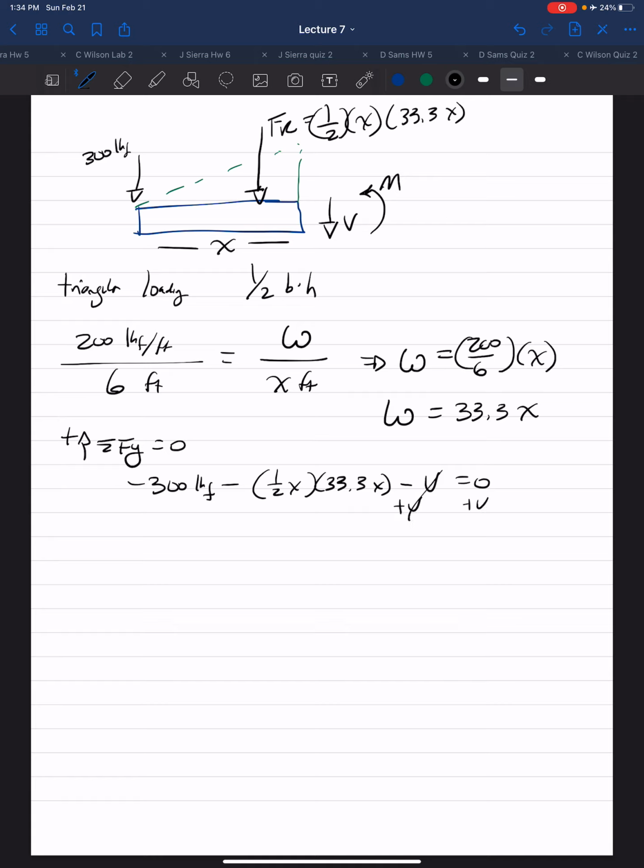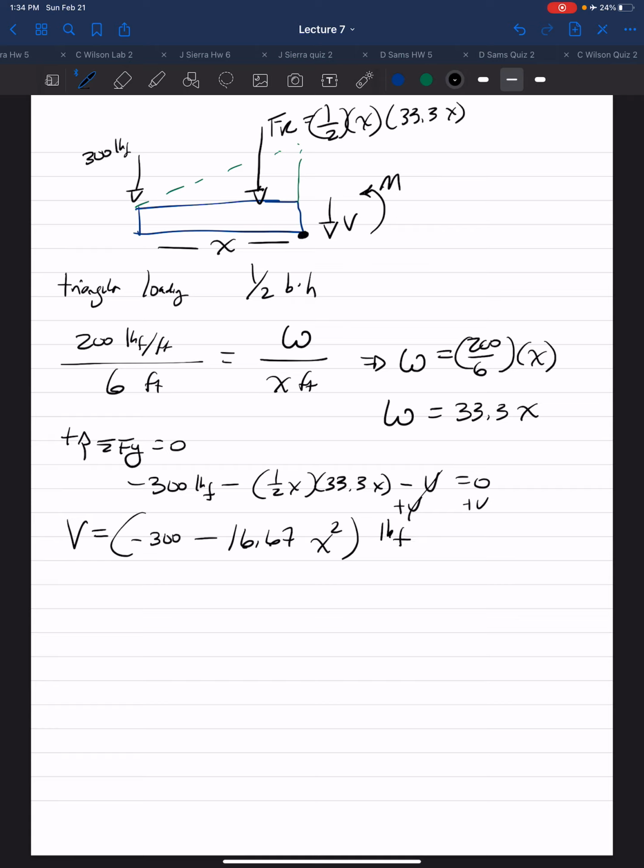Rearrange this equation, put the V to the other side. V is equal to minus 300 minus 16.67 x squared. This is units of pound force.